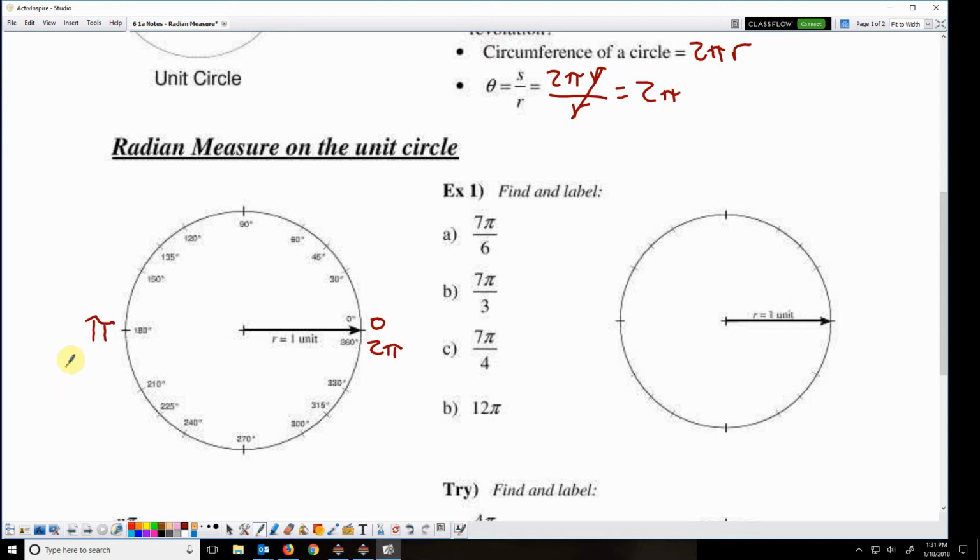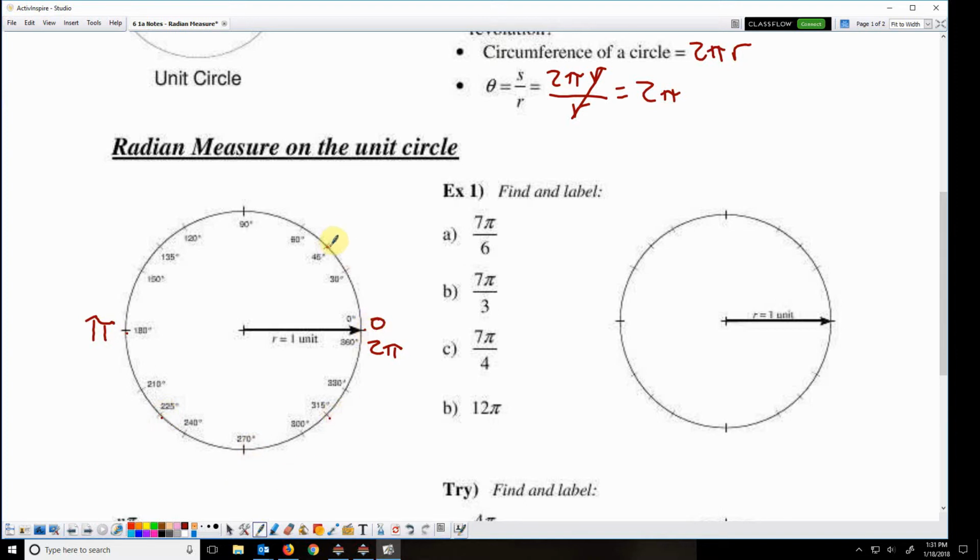From there I just count. The most important thing we get out of this is how to count around a unit circle. If I go to these quarter points, a quarter of the way, halfway, 3/4, and all the way around, I count by 1/4.